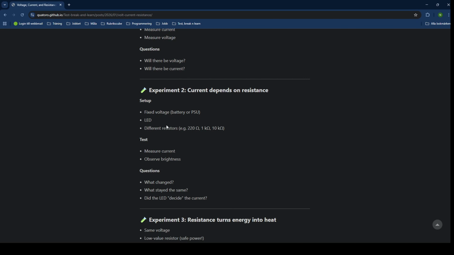And for experiment number 2, I will have a fixed voltage, an LED, and some resistors. I have some different resistors here: a 220, a 1K, and a 10K.